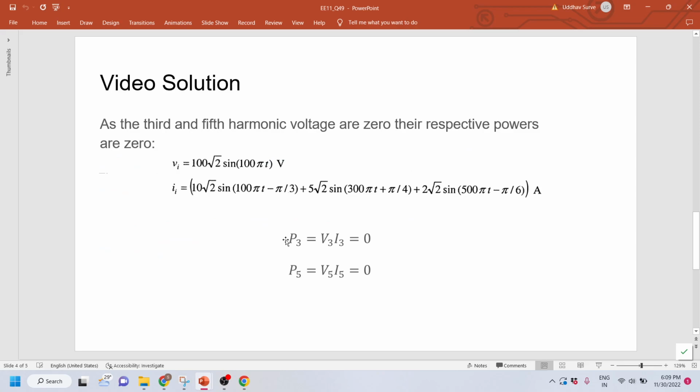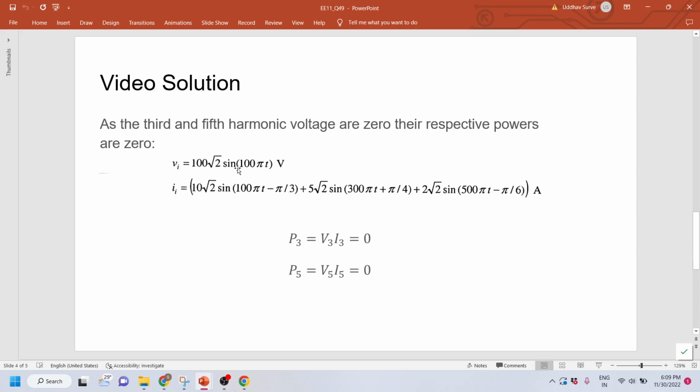Now as third and fifth harmonic voltages are 0, basically only fundamental voltage is given in the question, their respective powers are 0. Okay, so basically if you say power of third harmonic, which is V3 into I3, is equal to 0. If you say power of the fifth harmonic, V5 into I5, is equal to 0. Even though I3 and I5 exist, there is no V3 and V5, therefore they are 0.